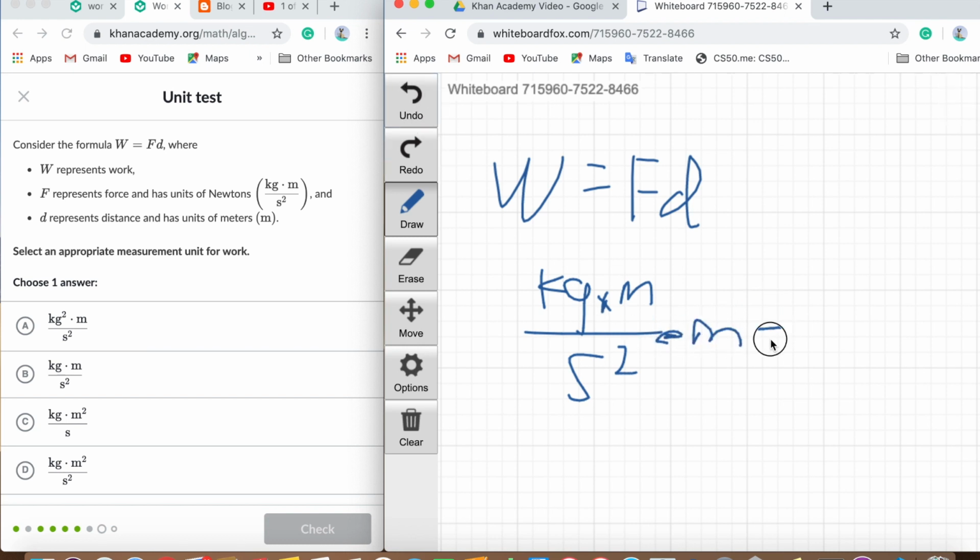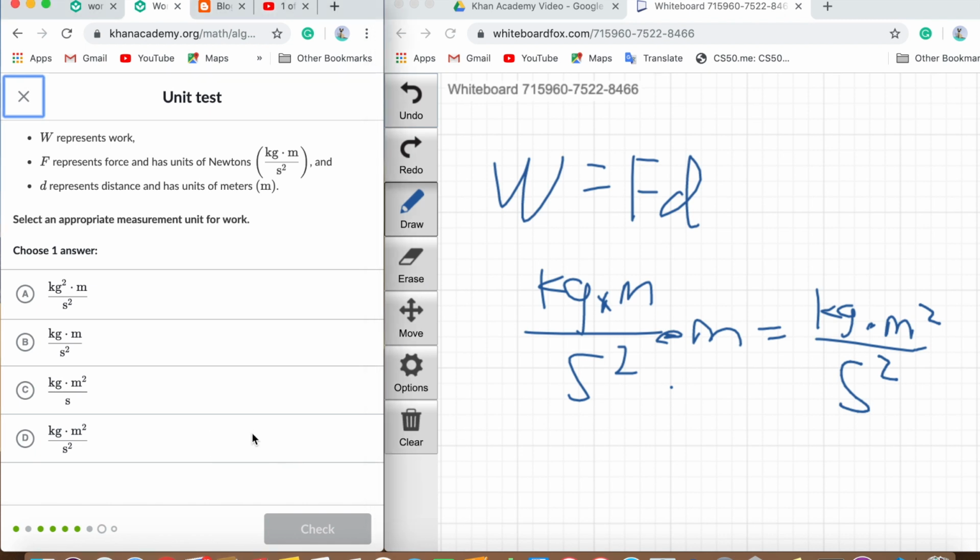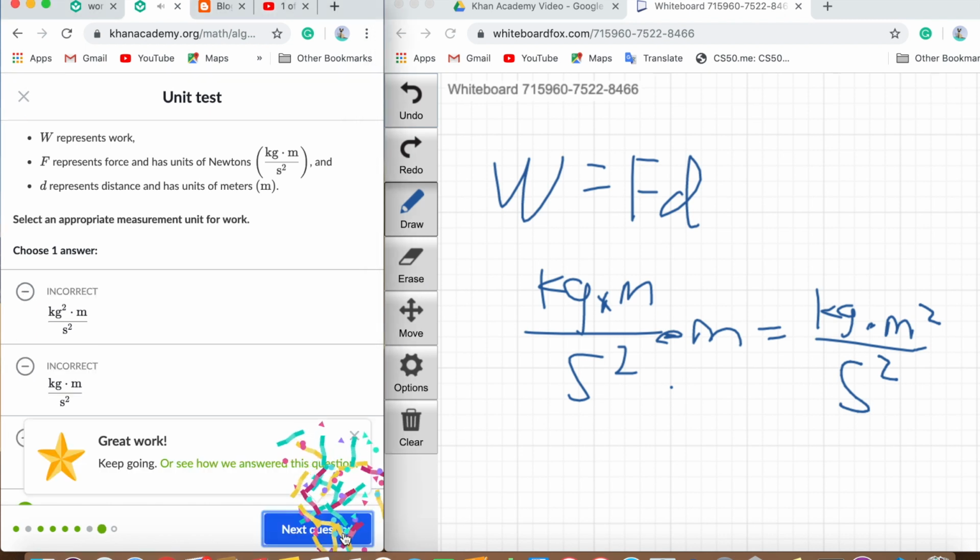We get kg multiplied by m squared, divided by second squared. Okay, so the answer is supposed to be this one. Let's say that D. Good.